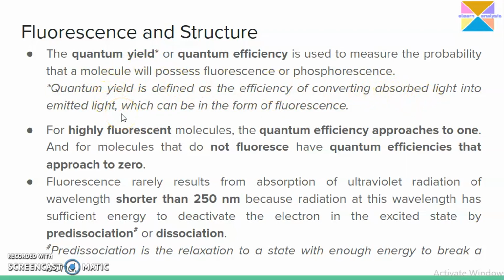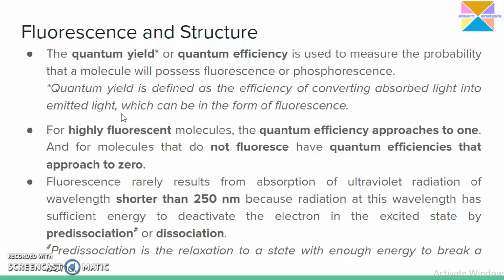Fluorescence is all about the emission of longer wavelength radiation as the molecule is excited by UV visible radiation. So we have two different wavelengths: one is the excitation wavelength and the other is the emission wavelength. The excitation wavelength is always the shorter wavelength, in the UV visible range, and the emission wavelength is usually the longer wavelength region, which accounts for the fluorescence or phosphorescence.